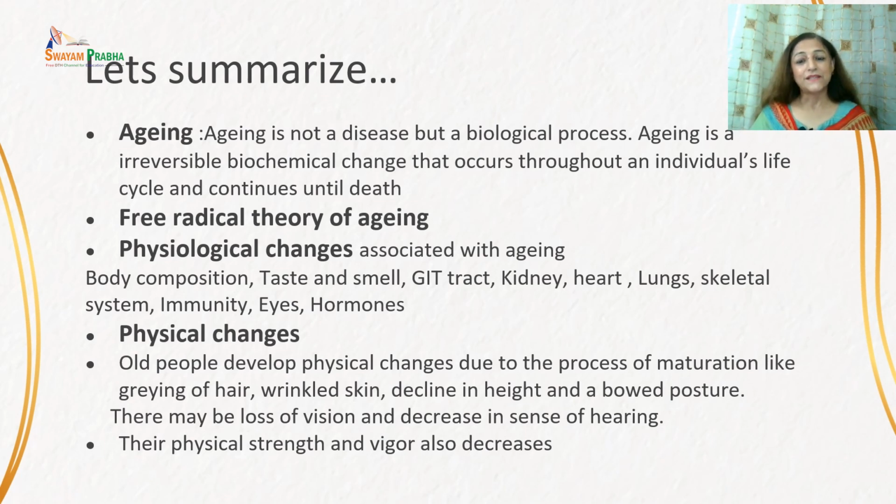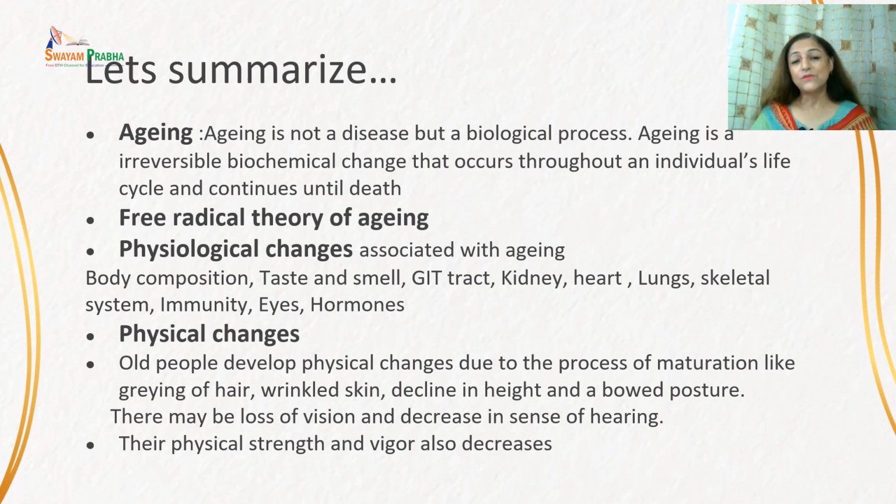Then we studied the decline in kidney function, heart function, and the blood vessels, the decreased capacity of the lungs, and the skeletal system, how it affects the height of the person, and the loss of skeletal mass. We also studied diminishing immunity, changes in the eyes, where they become more prone to opacity and affect the day-to-day activities of the person, and altered hormones inside the body of the elderly as a result of aging.